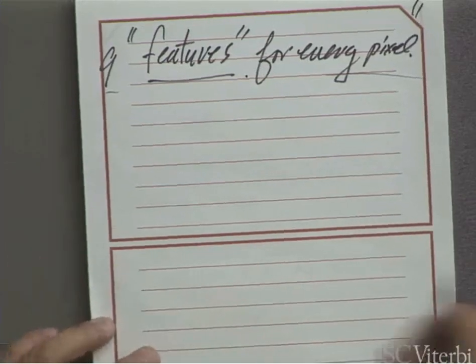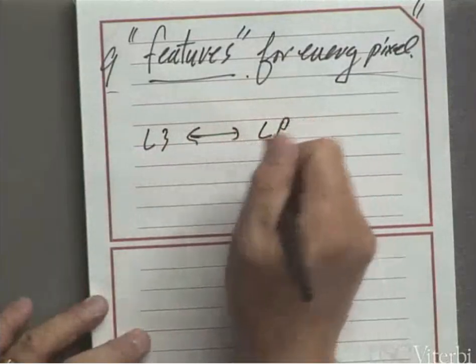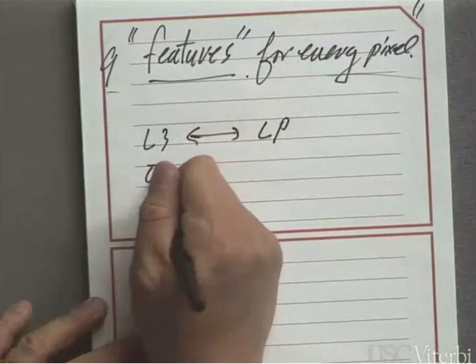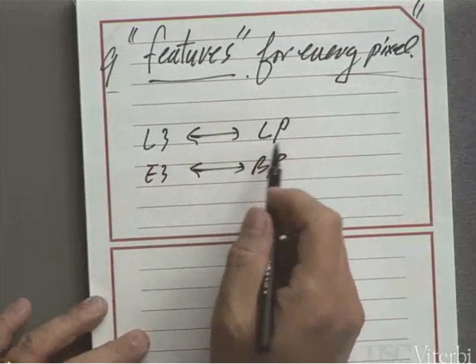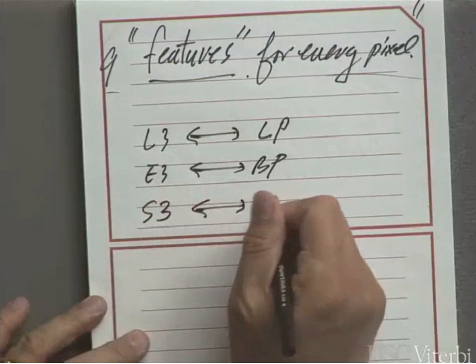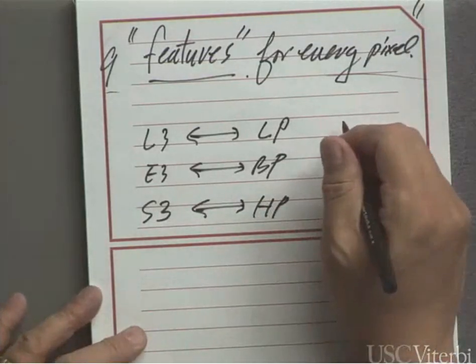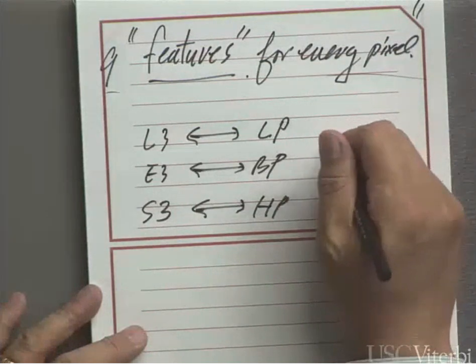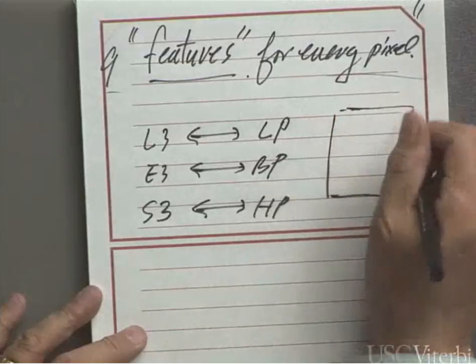So L3, okay, I let you to decide. L3 is corresponding low pass filter. E3 corresponding band pass filter. Of course, not a very good filter. It's a coarse filter. It's a rough. Okay. S3 corresponding high pass filter. So when you do the decomposition, basically, you know, it's rough.